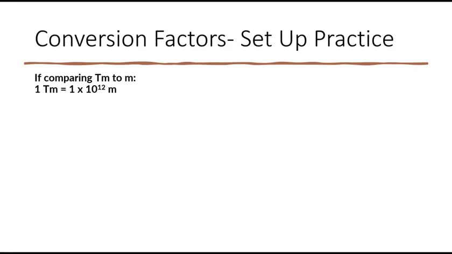Conversion factors setup practice. Let's say we're going to compare terameters to meters. The first thing we want to do is write our equivalency statement that reflects a relationship. 1 terameter equals 1 times 10 to the 12 meters. We get the relationship 1 tera equals 1 times 10 to the 12 from the table that we have memorized.